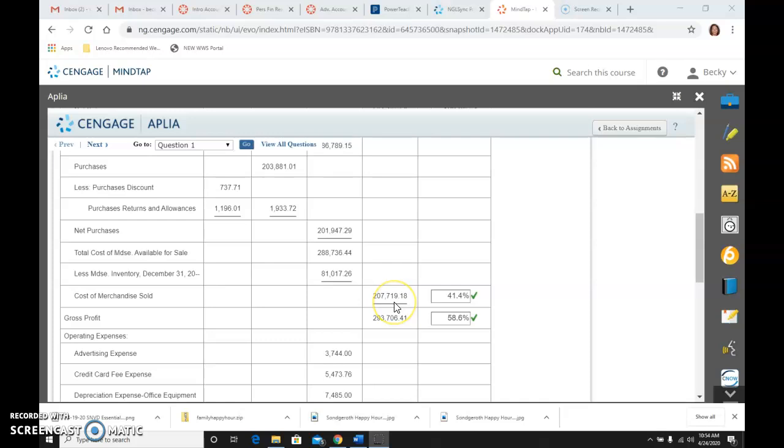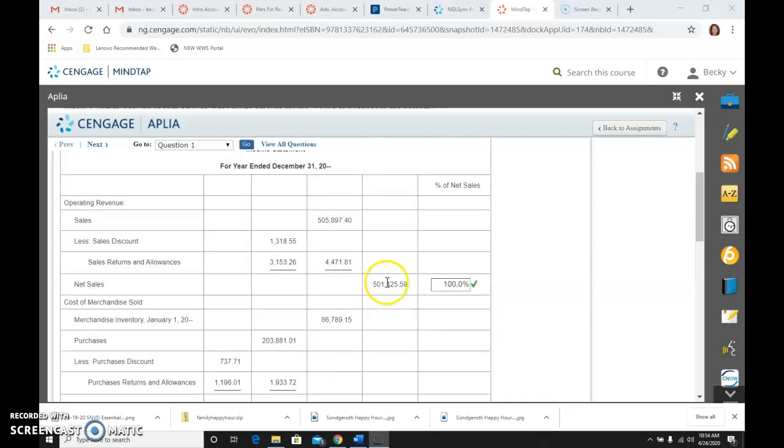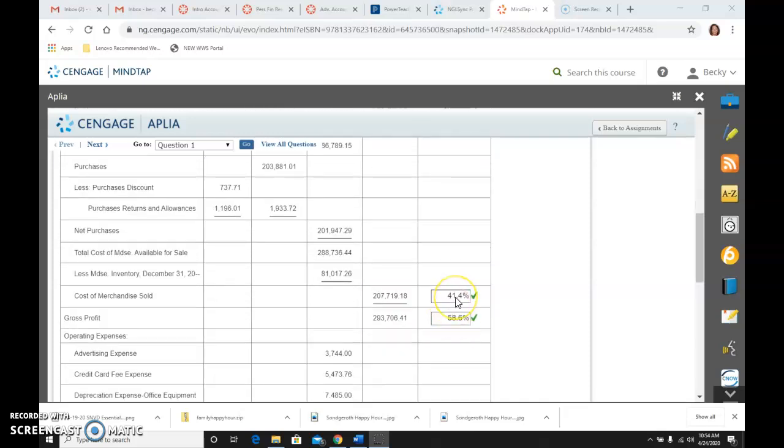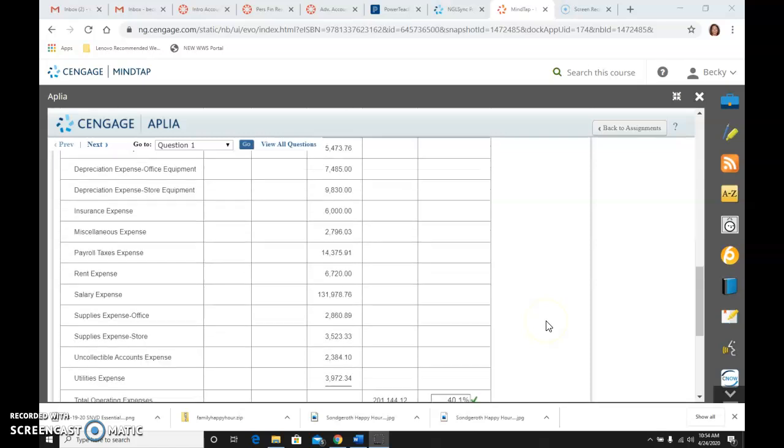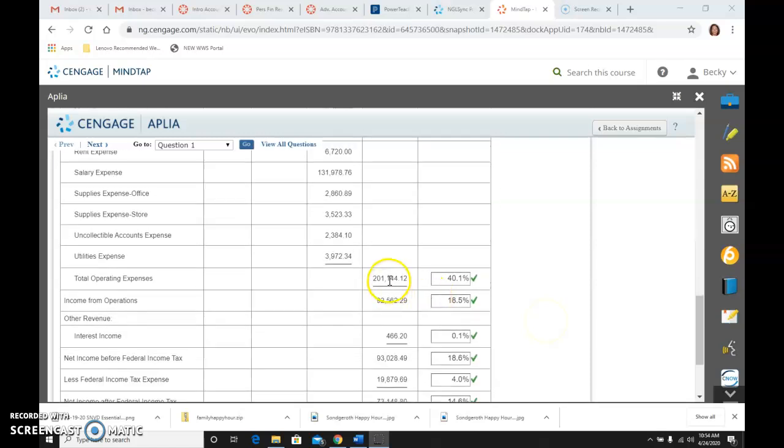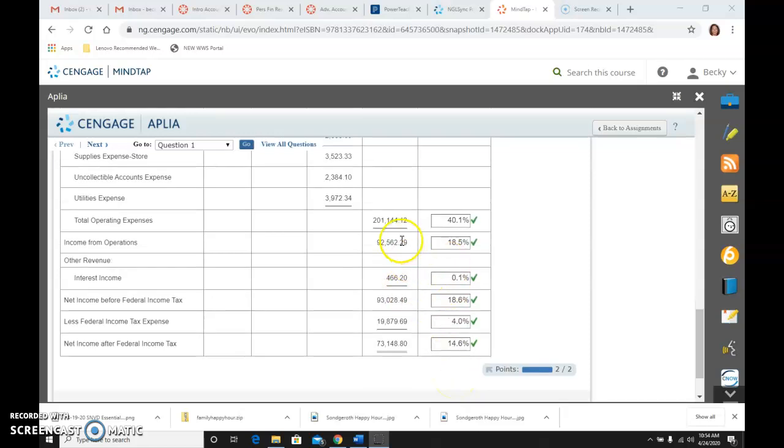Take 207,719 divided by 501, I get 41.4. This divided by the net sales number, 58.6. This divided by net sales is 18.5. This divided by net sales. So do all of them divided by net sales, and I would get this.